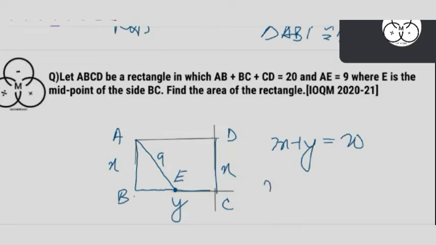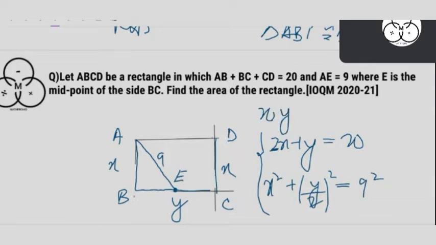From Pythagoras theorem, x square plus (y by 2) whole square equals 9 square. Find the area of the rectangle. Solving the equations, we can get the value of x and y, and to find the area is simply x into y. This is the hint.